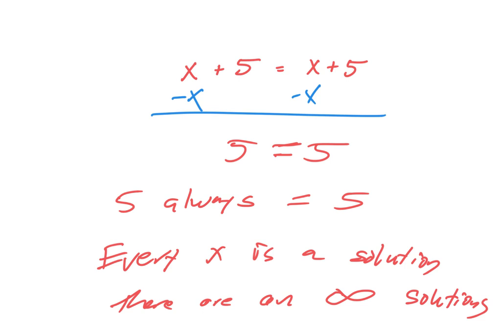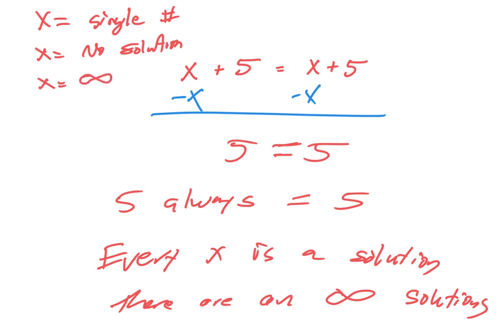So when you're solving one variable equations, either x will be a single number, x could be no solution, or x could be an infinite number of solutions. That's it on single variable equations.